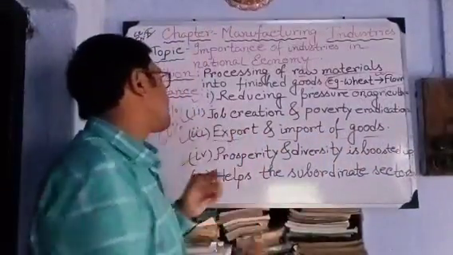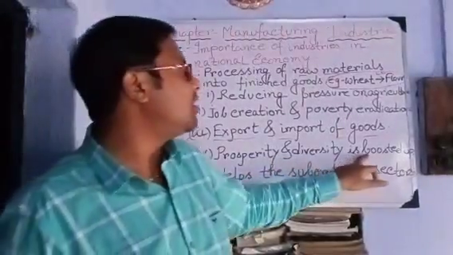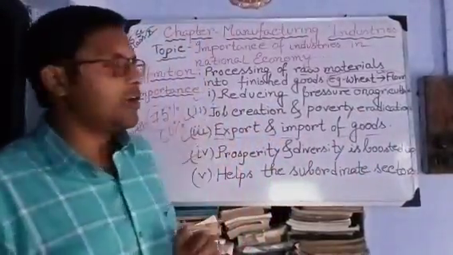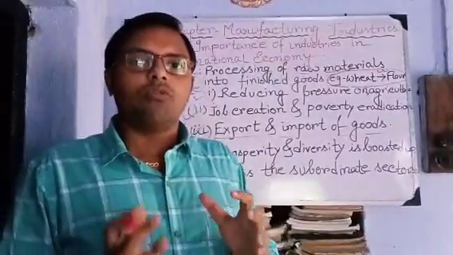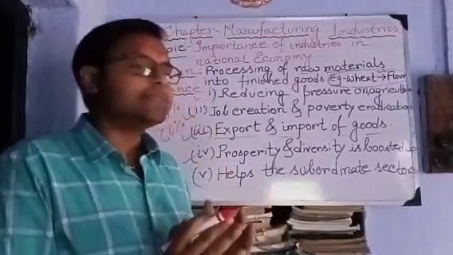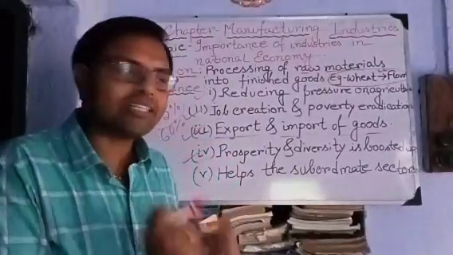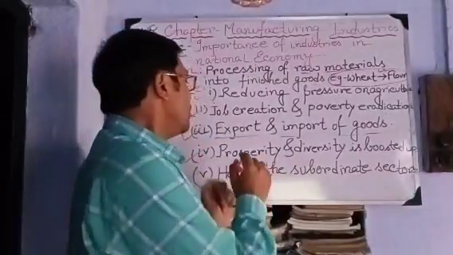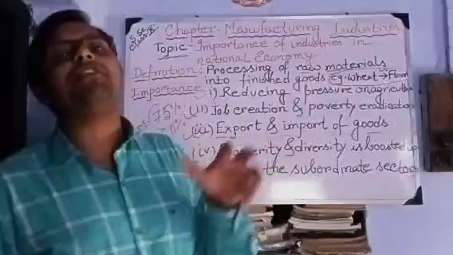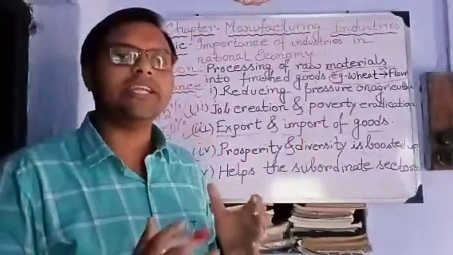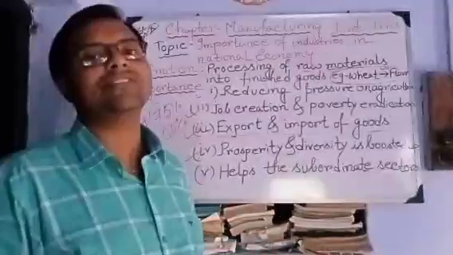Fourth one: prosperity and diversity are boosted up. I have already said in the second point that if a country wants to develop, then it needs the industrial sector. So the prosperity and diversity of the economy of a country are totally dependent on its industrial sector.